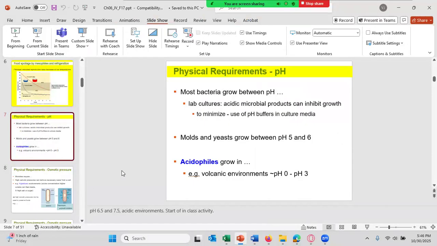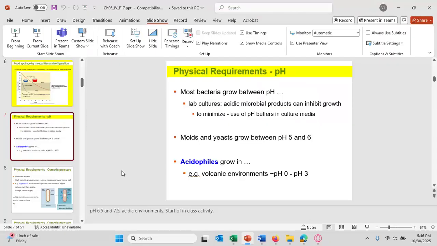So pH is another physical requirement that most bacteria have, and most bacteria grow best between pH of about 7 to 8, meaning around pH 7. This can be a problem for lab cultures because the microbes you're growing in the media tend to make acidic end products, which can make the media so acidic that the microbe can no longer grow in it.